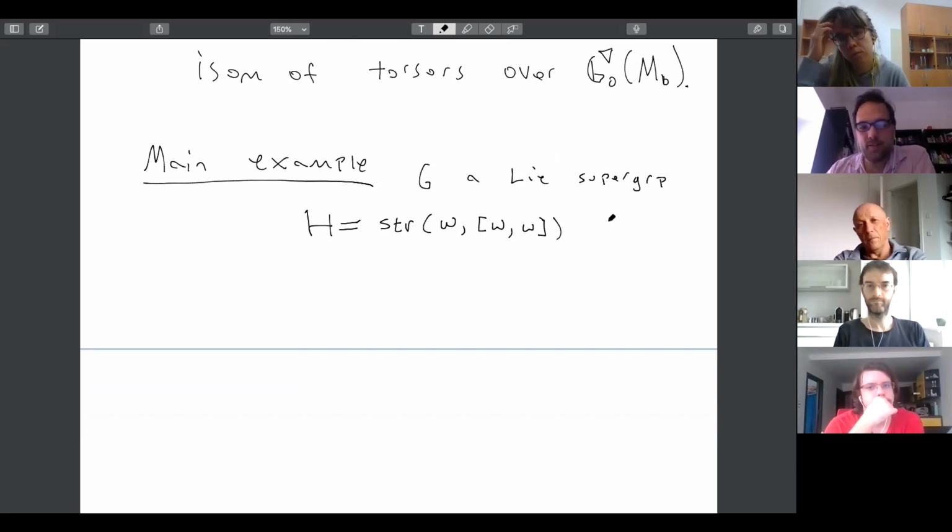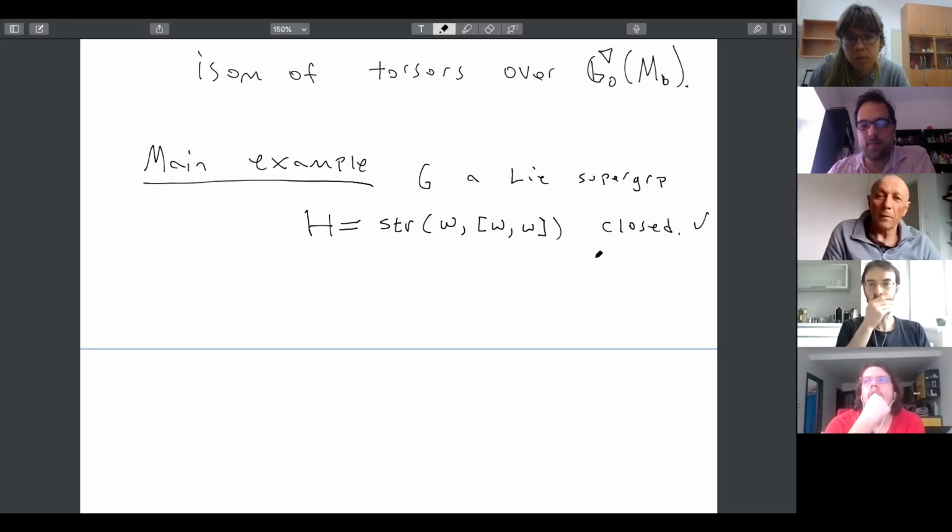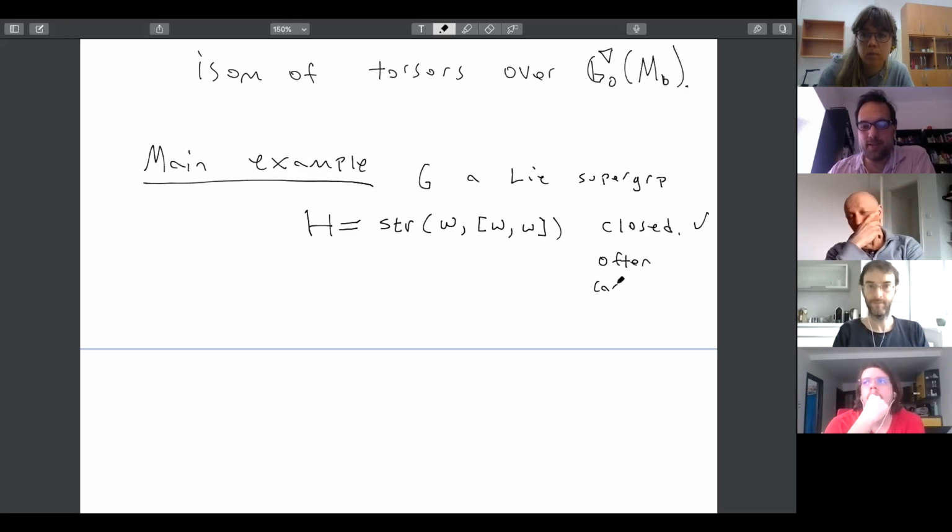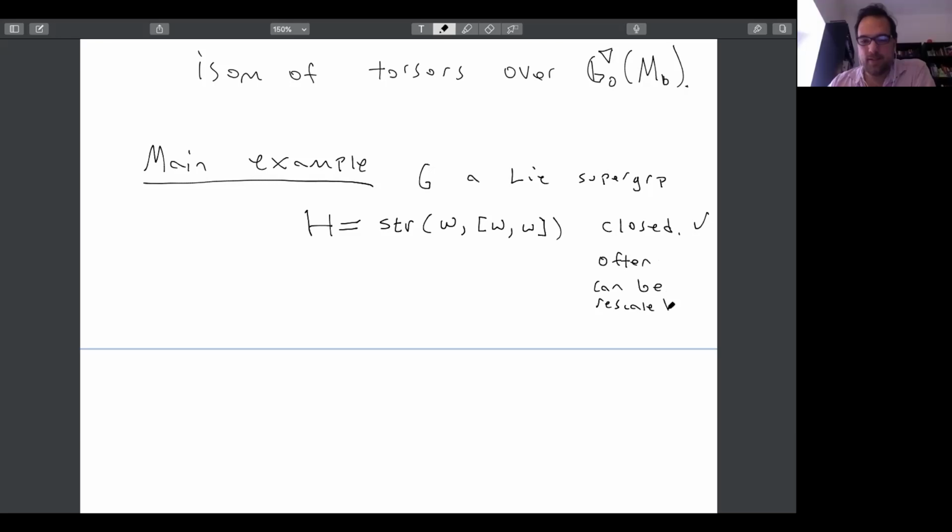And so this is closed, and it can often, but not always, be rescaled to be integral.